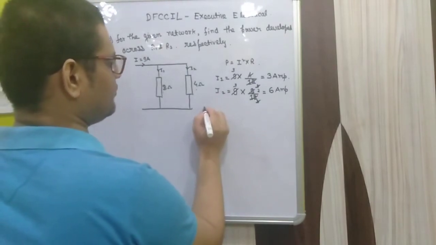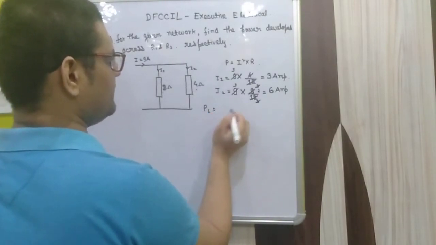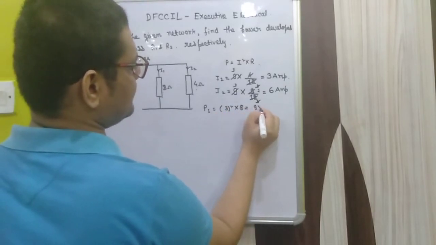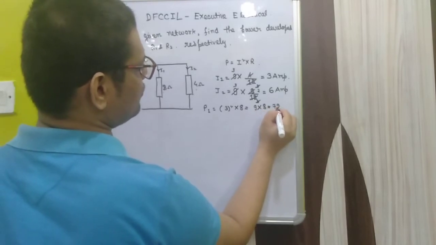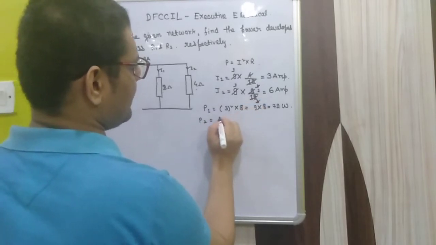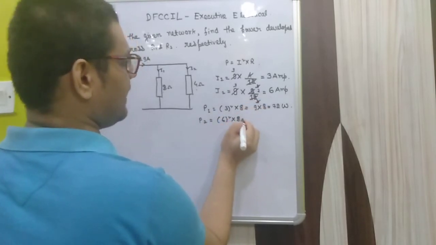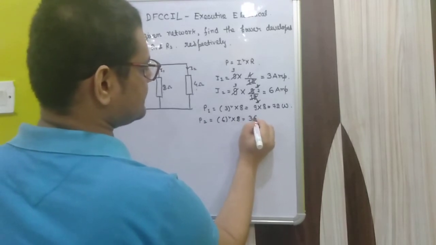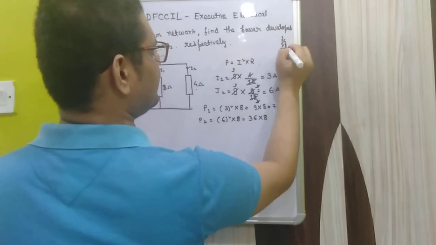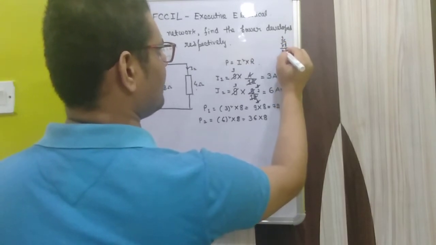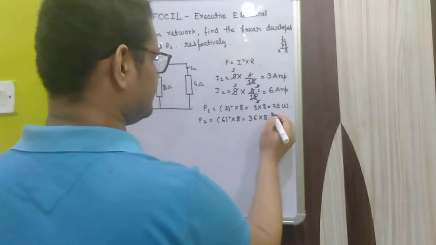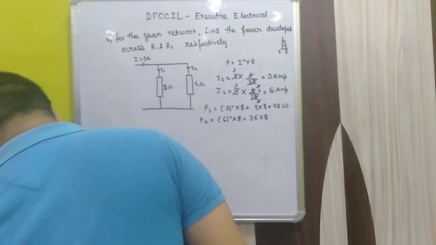Now we calculate P1. P1 is 3 square into 8, that is 9 into 8, 72 watt. Now P2 we calculate. I'm just checking the calculation from my end.